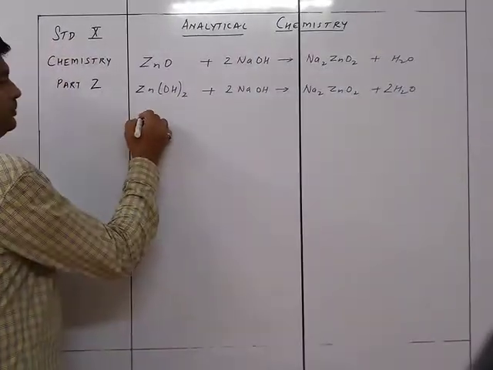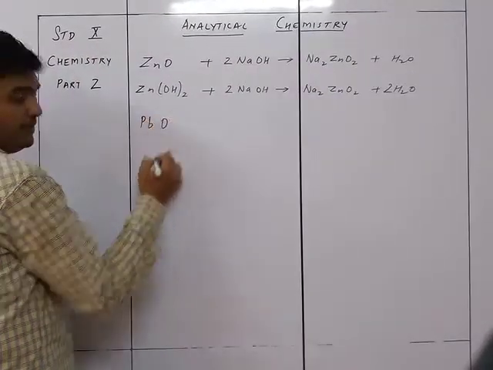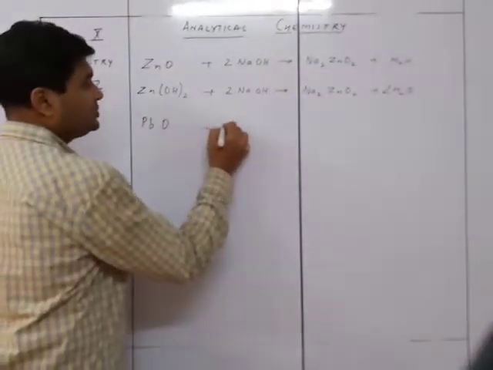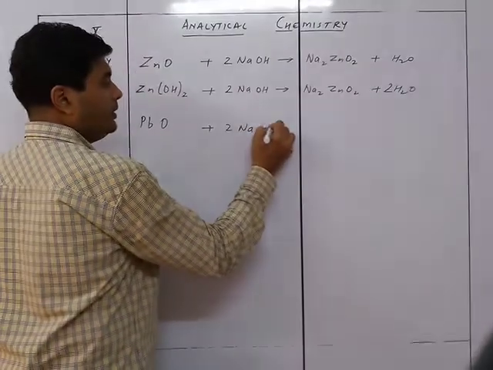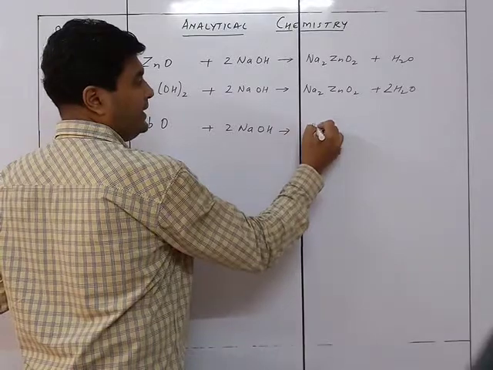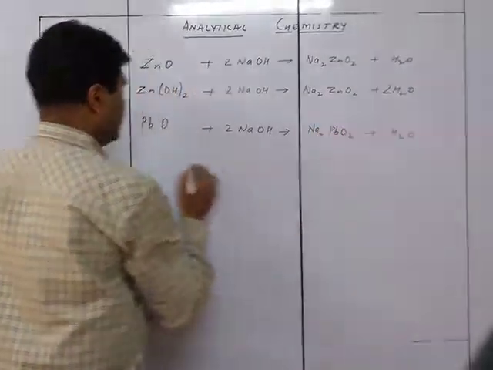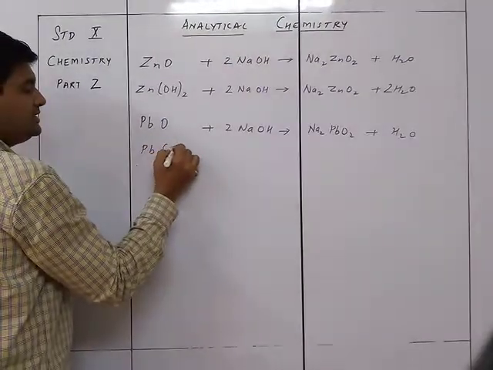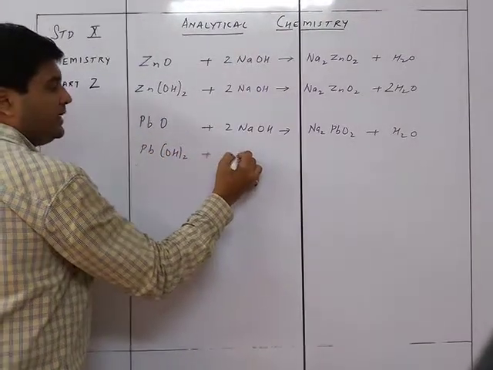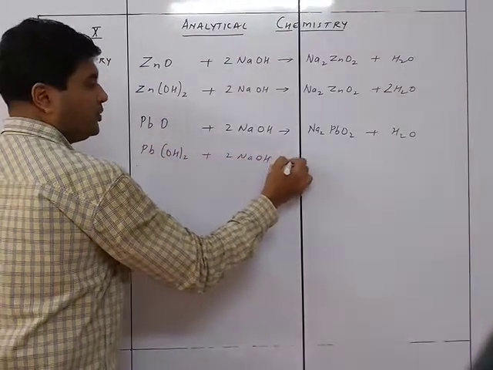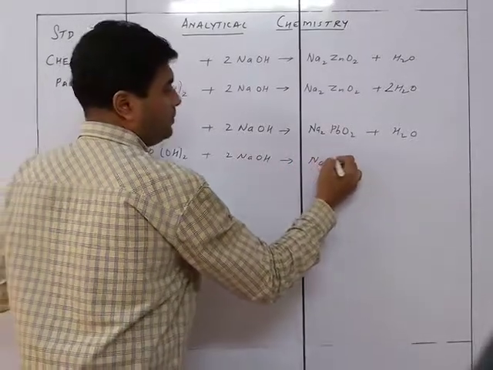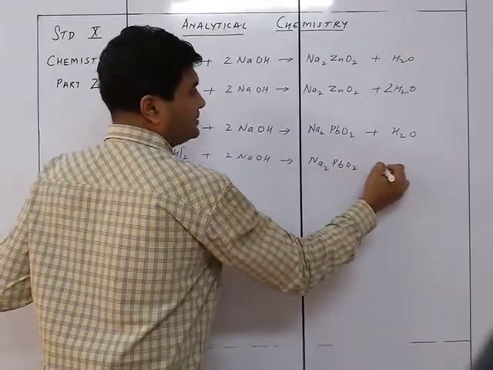The next is lead, PbO. So PbO plus 2NaOH gives Na2PbO2 plus H2O, and again Pb(OH)2 plus 2NaOH gives Na2PbO2 plus 2H2O.